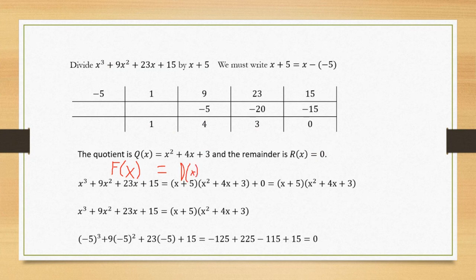For synthetic division, we wrote it as x minus -5 over here, times our quotient, q of x. And r of x in this case is 0. So just like with integers, we can see that we get a factor. In other words, x plus 5 is a factor of this thing. And so altogether we get this.